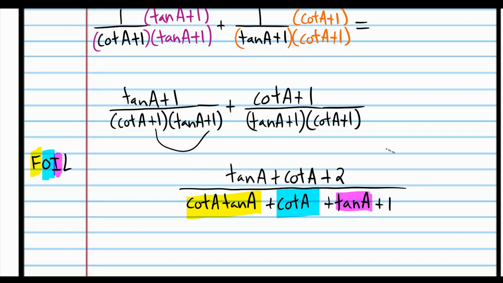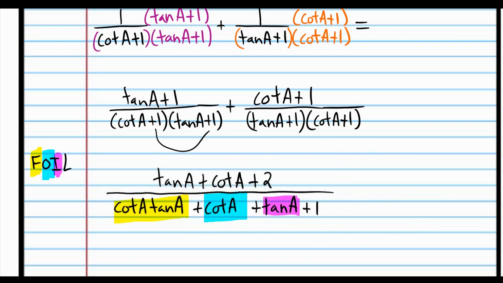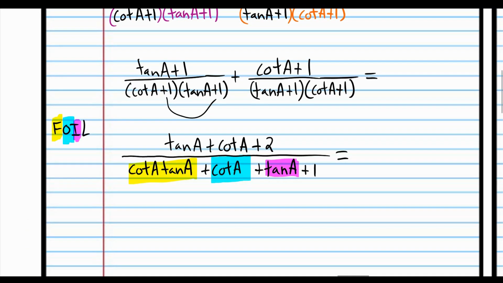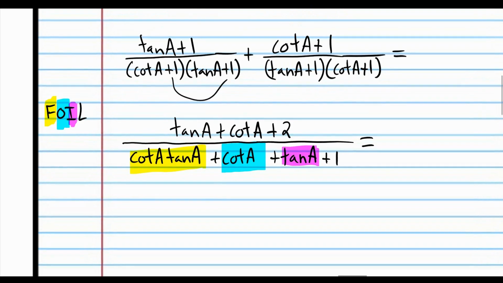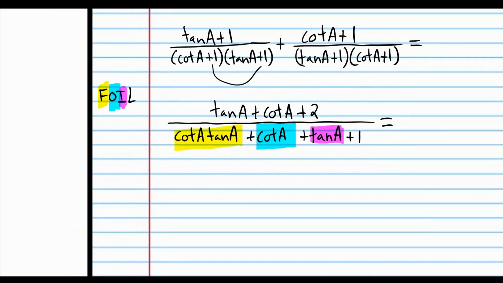It doesn't look like we're really accomplishing much, but we actually are, because the denominator is going to simplify. We can use a Pythagorean identity, or excuse me, a reciprocal identity. So I'm going to copy this.